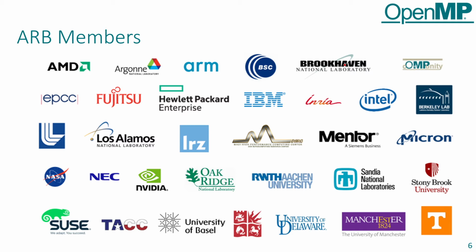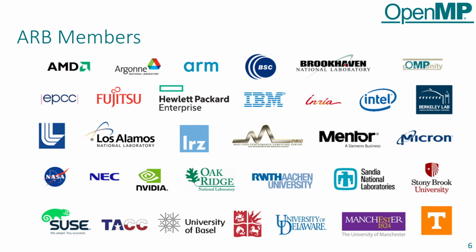And when you also look through the list of non-vendor members, we have the top-notch labs of the DOE in the US, as well as the Tier 0 compute centers from Europe and Japan.